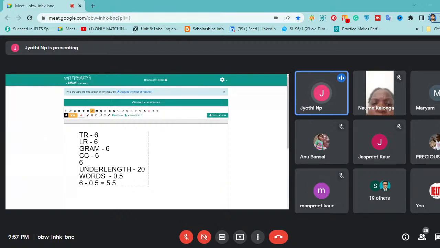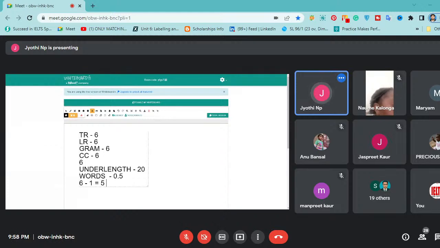That is the reason you have to be very careful with the word count. So 0.5 is for one examiner. For two examiners it will be one full band, so the overall score declared will be 5.